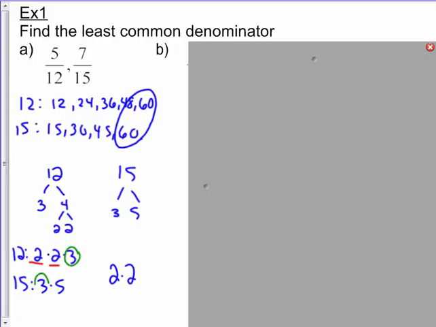Now, I have a 3 in 15 as well, but I don't need both of them. All I'll need is one of them here. And then I look at 15. 15 has a 5 in it. Well, if 15 has a 5 in it, the common denominator would have to have a 5 in it as well. And notice here, if I multiply these together, 2 and 2 is 4, 3 and 5 is 15, 4 and 15 is 60. It's a little different way to go about doing it.